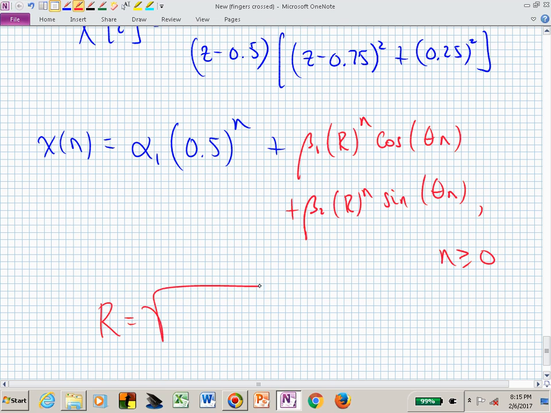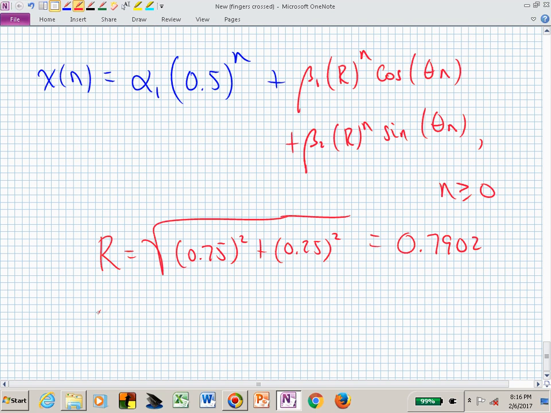where r is now this square root of the sum of the squares. It's the hypotenuse of that right triangle from those poles. This would actually be 0.7902, and theta is the inverse tangent of 0.25 over 0.75.